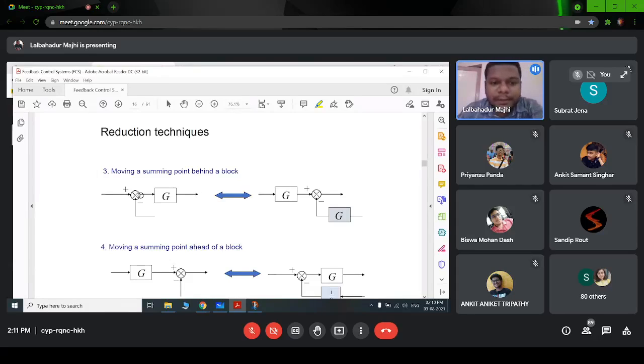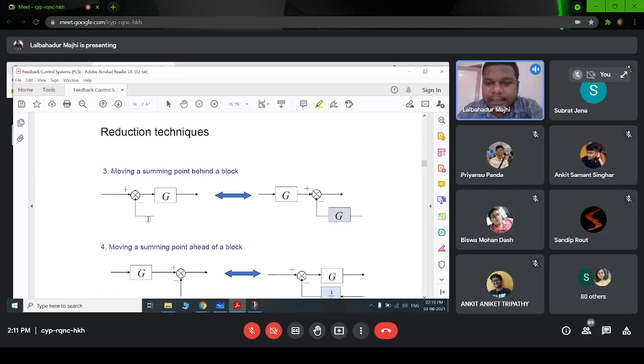If we move the summing point here, then we have to add this negative path for the subtraction of this G, because we have to maintain the output of this summing point.